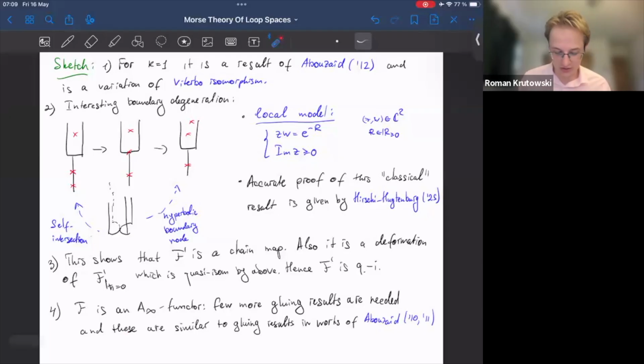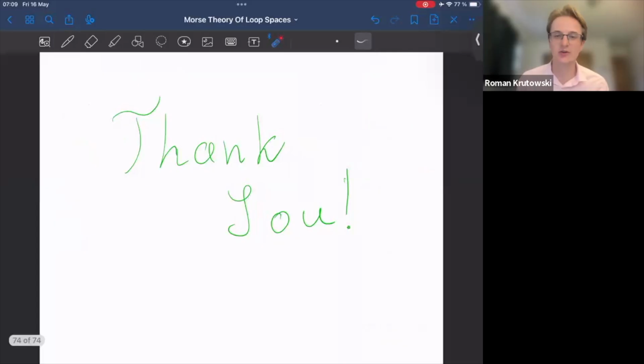And showing that F is an A-infinity functor requires a couple more gluing results for caps and trees, but those gluing results are very similar to already known gluing results, which showed up in the finite dimensional case in works of Abouzaid. Okay, I guess I'll stop here, and thank you all for your attention.